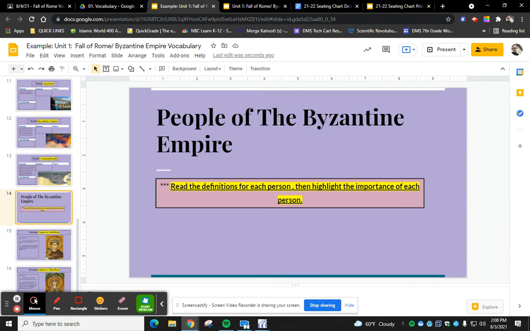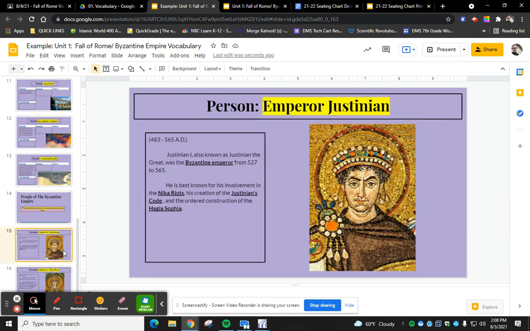So for the people of the Byzantine Empire, what we're going to do is read the definitions for each person, and we're going to highlight the importance of them. So if you notice, we have no highlighting here. We have just text about what they did. So what we're going to do is we're going to read through this, and we're going to go, okay, what is most important about him?